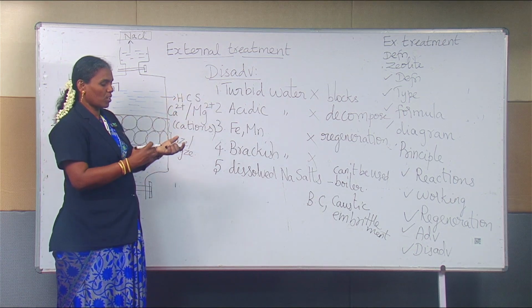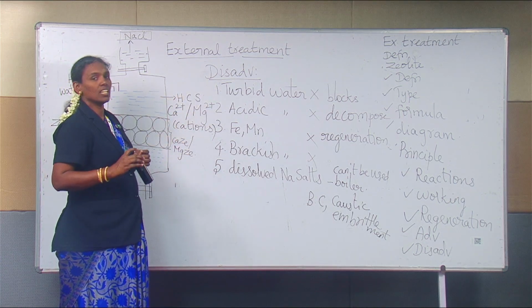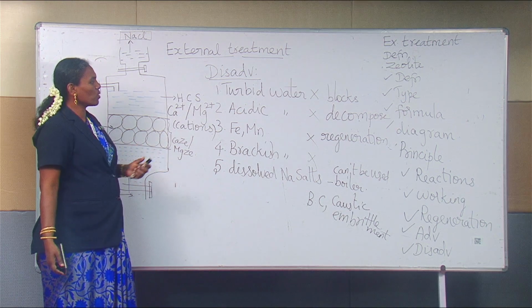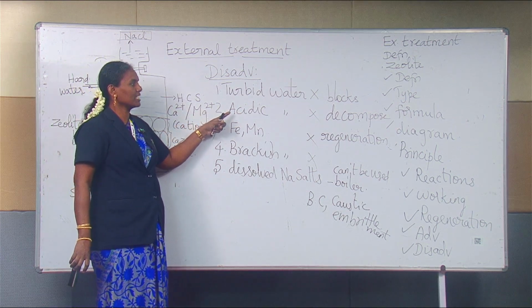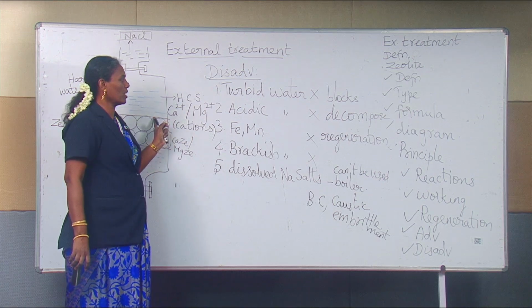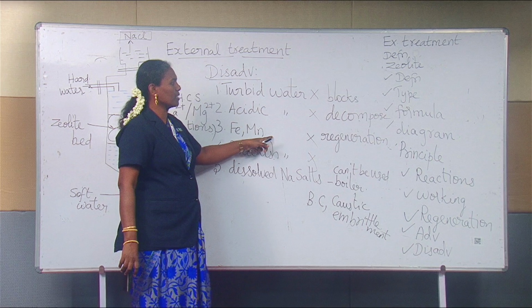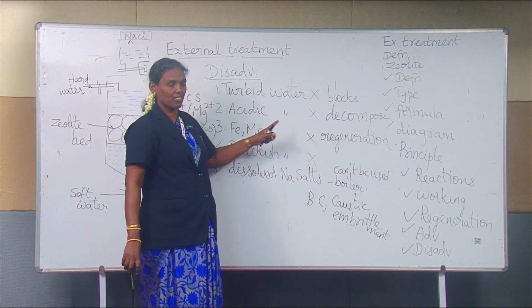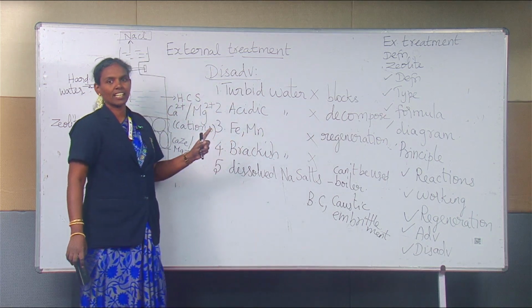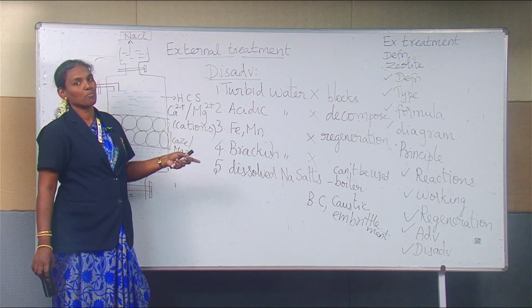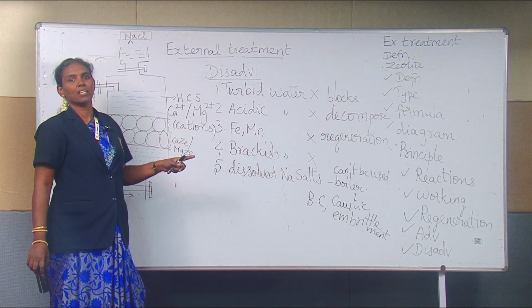Turbid water cannot be treated because it blocks the zeolite bed, and acidic water cannot be treated because it decomposes the structure of zeolite, and water containing iron and manganese cannot be treated because regeneration is difficult, and brackish water cannot be used here because it already has Na+ ions.